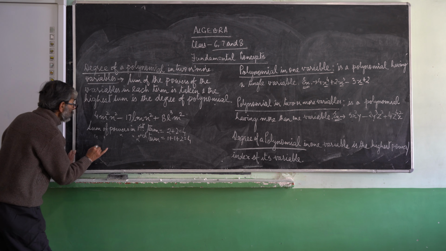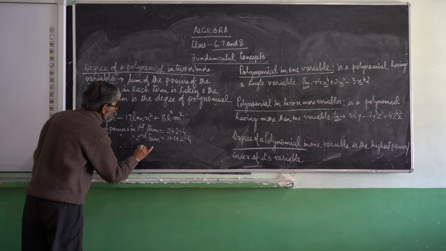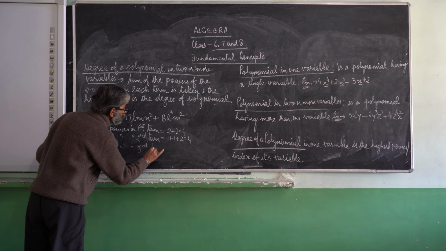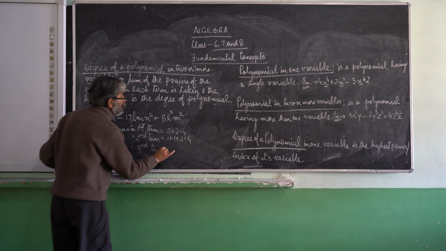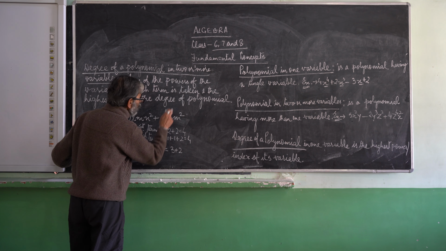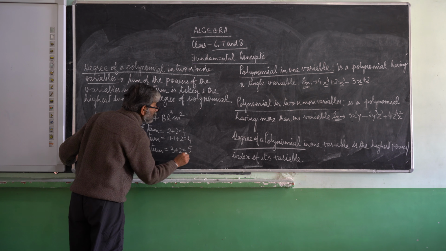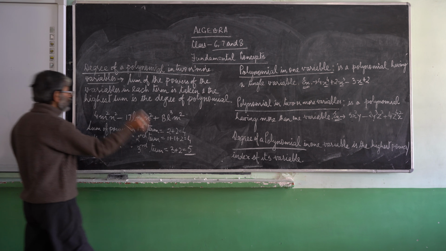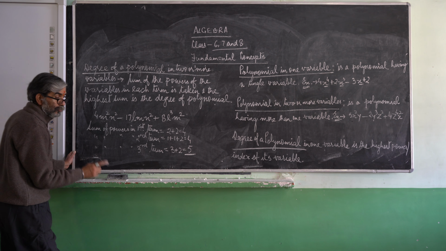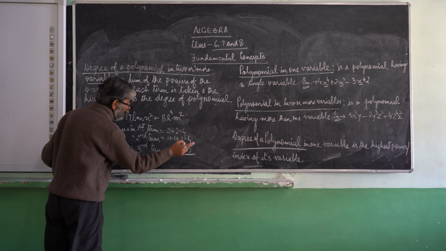And the sum of powers in the third term is equal to 3 plus 2, that is l to the power of 3 and power of n is 2, that will be 5. So the highest sum is 5. Therefore the degree of this given polynomial will be equal to 5.